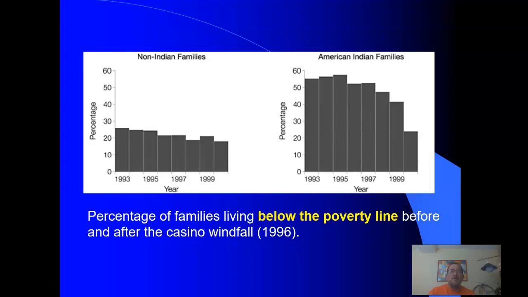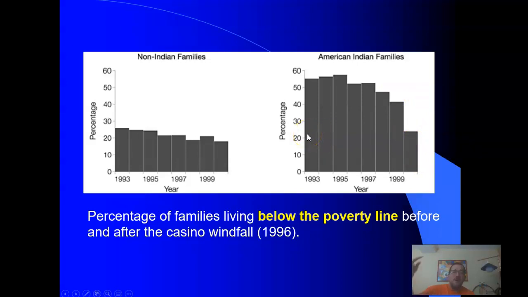If you look at the American Indian families, their poverty rates in 1993, 94, 95, still in 1996 were at or above 50%. 1997, still about 50%. 1998, it starts to go down. And by the year 2000, it had dropped to something like 24%.